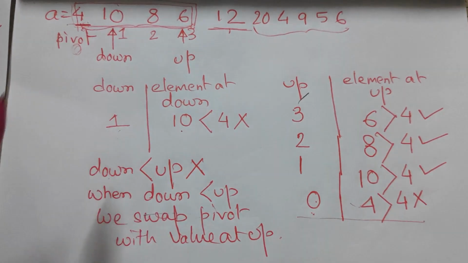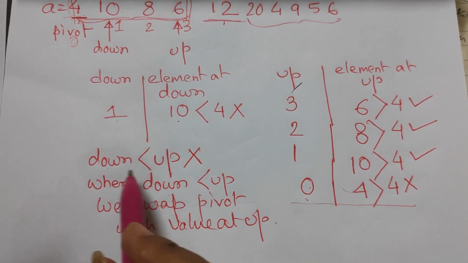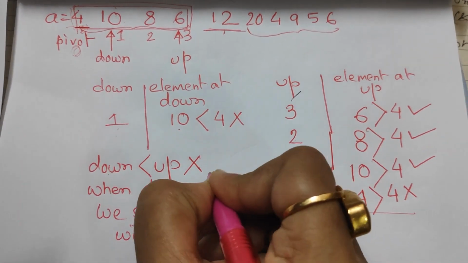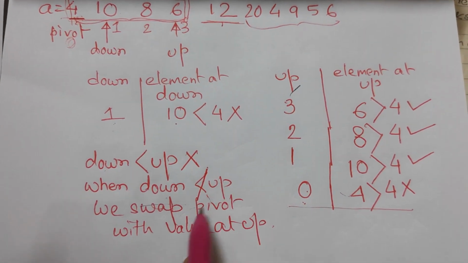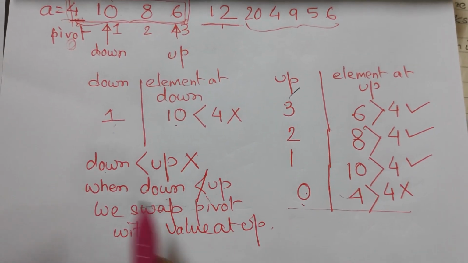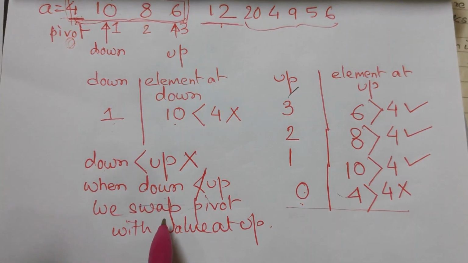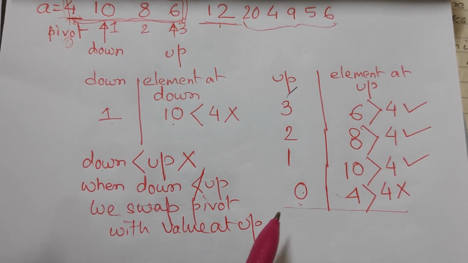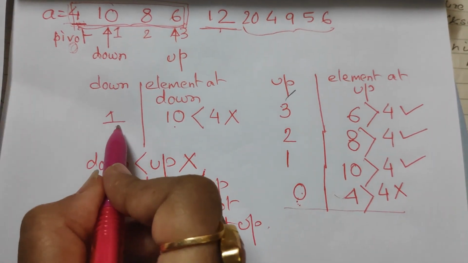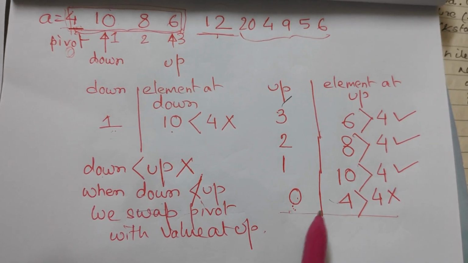Again I am telling you, when the down value is not less than the up value, we need to swap the pivot with the value at up. So over here the up index is 0 and the down index is 1. So 1 is greater than the up index. So now what we have to do?